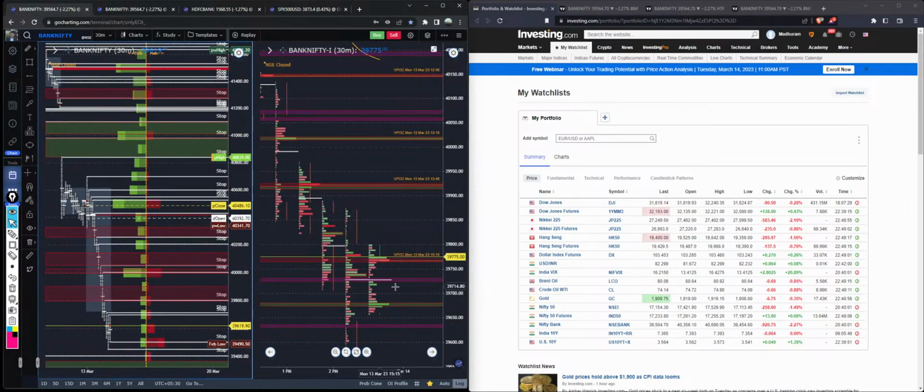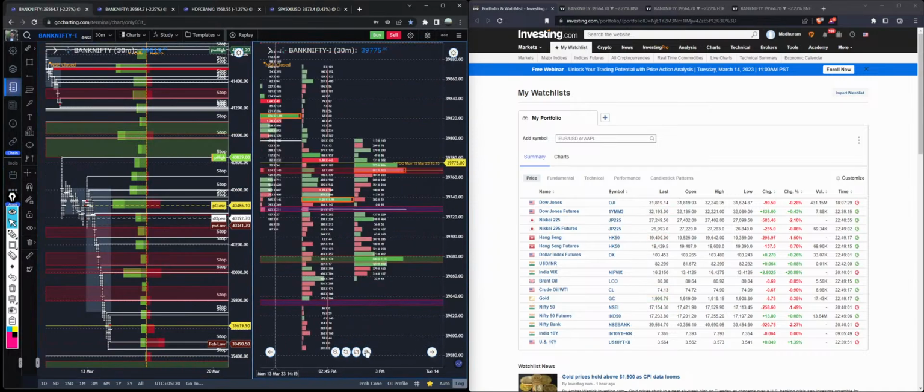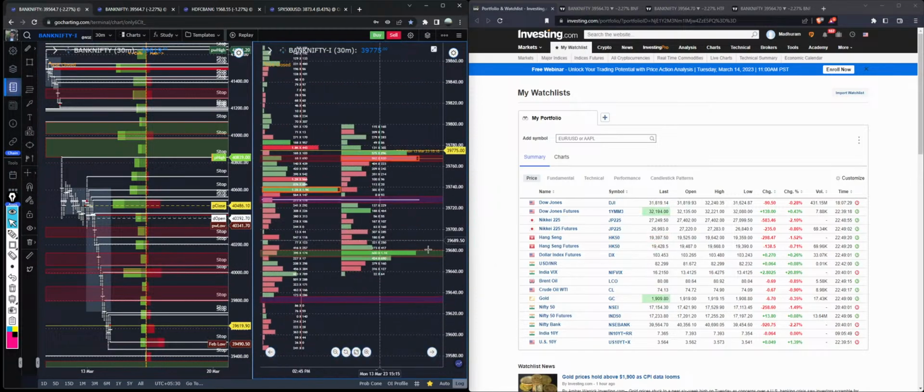The other thing which I wanted to share lastly is from the order flow data. We have stacked or some supply absorbed, about 1.1k at the 39,600 level. So I'm expecting the price to open about 39,600 in the futures.